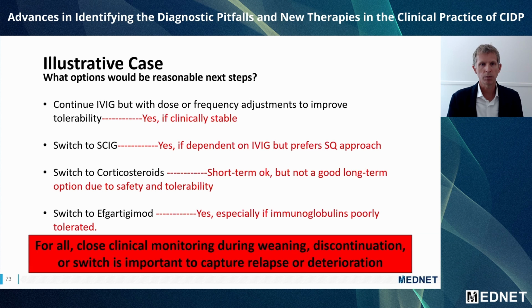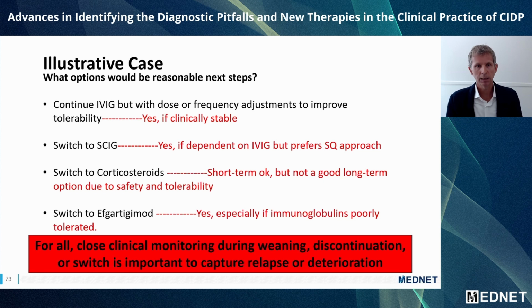So going back to our case, what would make sense in this patient that's got some but an incomplete response to IVIG and struggles with some tolerability? Should we continue IVIG, but with dose or frequency adjustments to improve tolerability? That would be reasonable if you've got somebody with stable disease. If they've got a lot of treatment-related fluctuations, then if you reduce the dose or frequency, you're probably going to run into trouble.